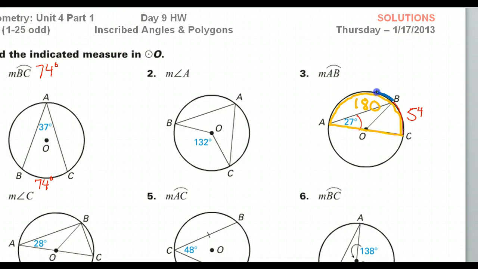This is the thing that we're actually supposed to find, arc AB. And hopefully you're realizing that I can just do 180 minus 54, and that should give it to me. And that is 126 degrees.